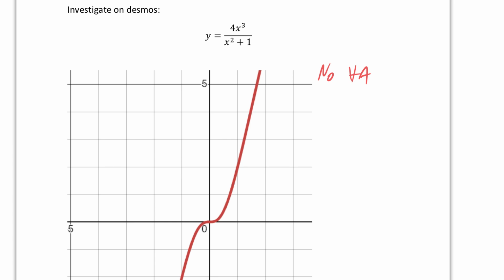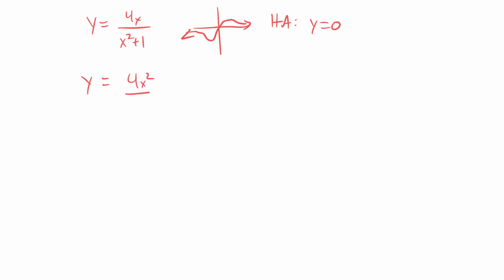So let's write down what we've discovered. We have here y equals 4x over x squared plus 1, and that looked sort of like this. We had this shape, and it had a horizontal asymptote at y equals 0. Then we had the equation y equals 4x squared over x squared plus 1.